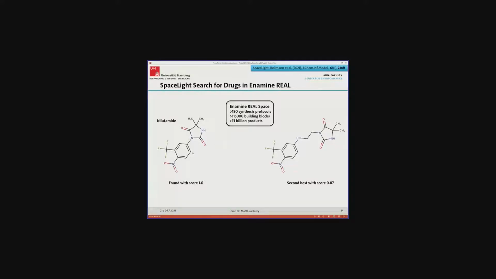So usually with a 1.0 score, you have the identical molecule, and if you have two or three, you could look up which is the right one, as is always the case with fingerprints. You can always have molecules with the same fingerprints which have slight structural changes.